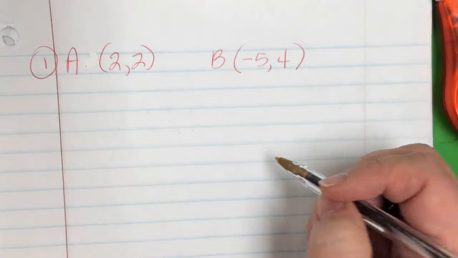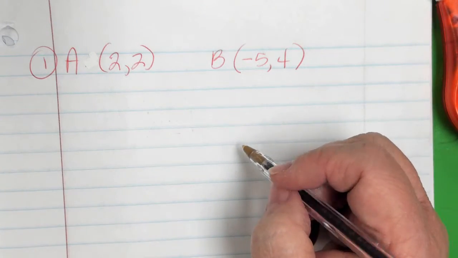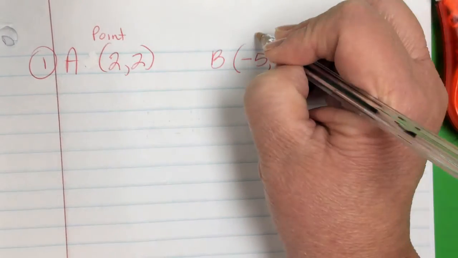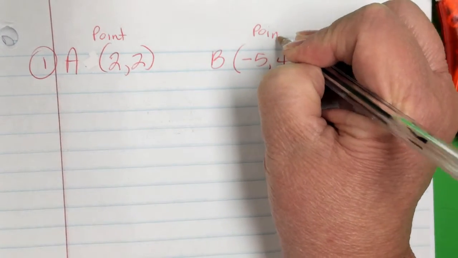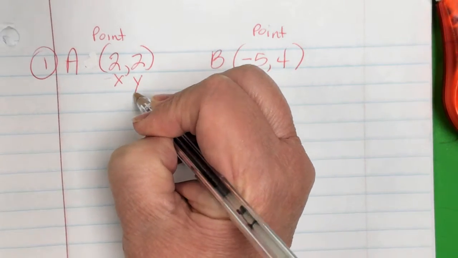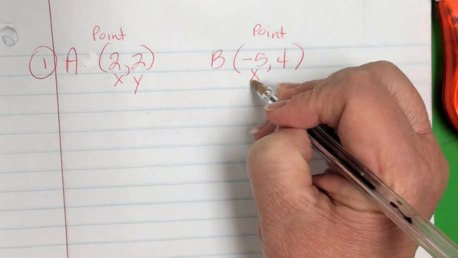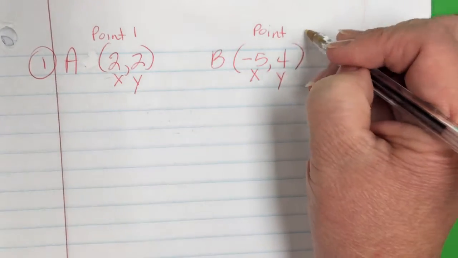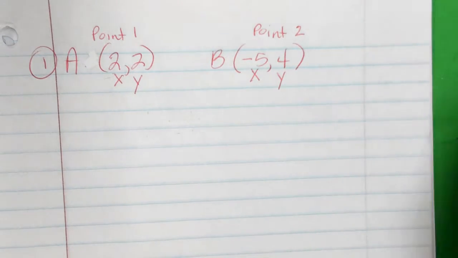I'm going to show you that this is problem number 1, and I'm going to say that this is point 1, and this is point 2. Remember, in our ordered pairs, this is the x value and the y value. X value, y value. Point 1, point 2.